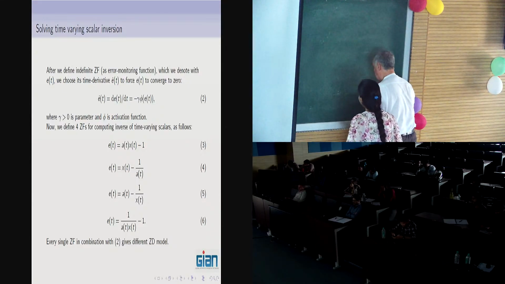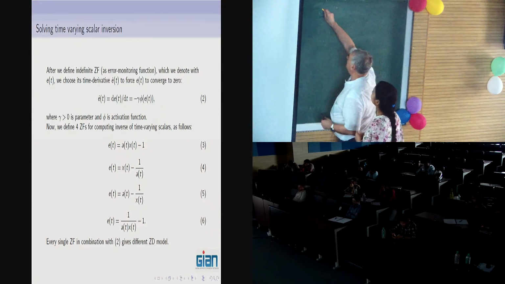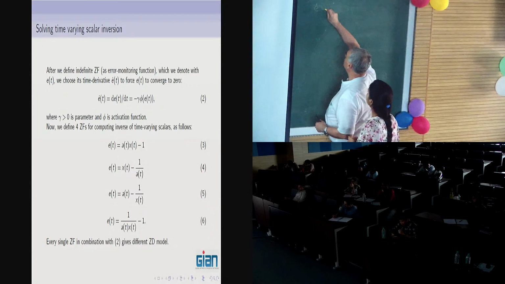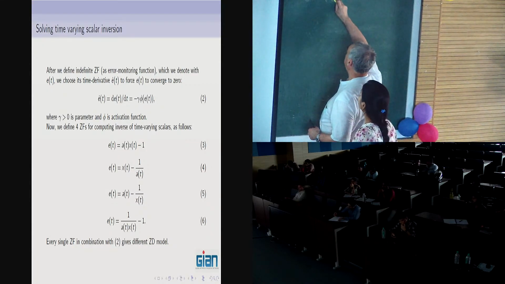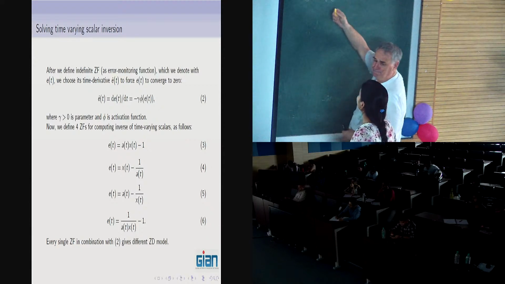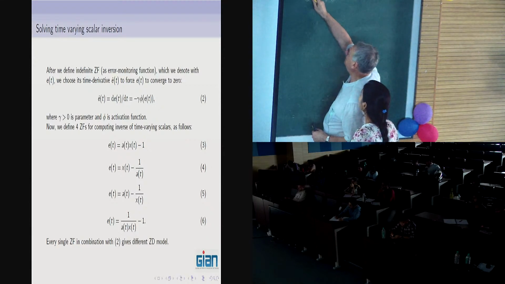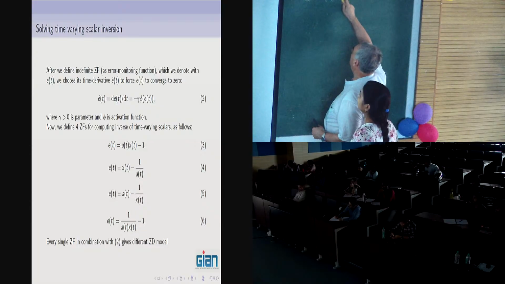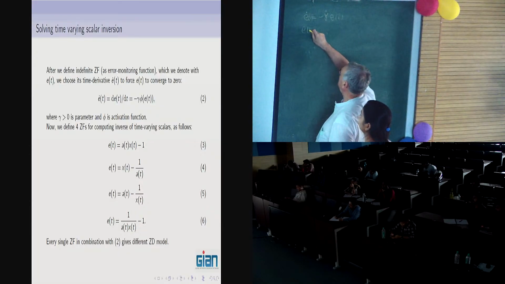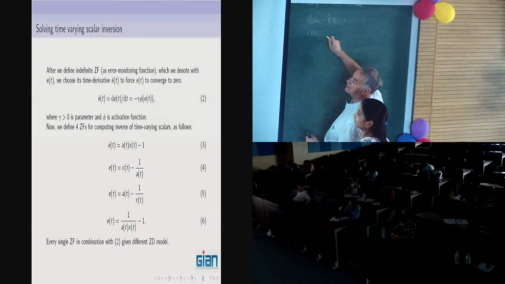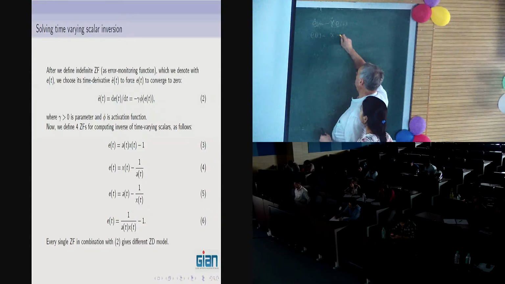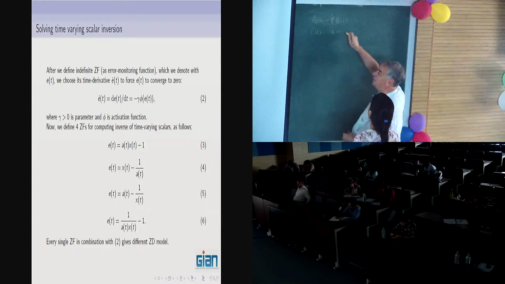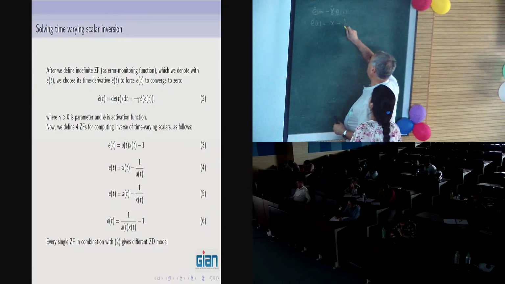Here is the ZN design. E dot equals minus gamma E of t. E of t is defined as x minus 1 by a.